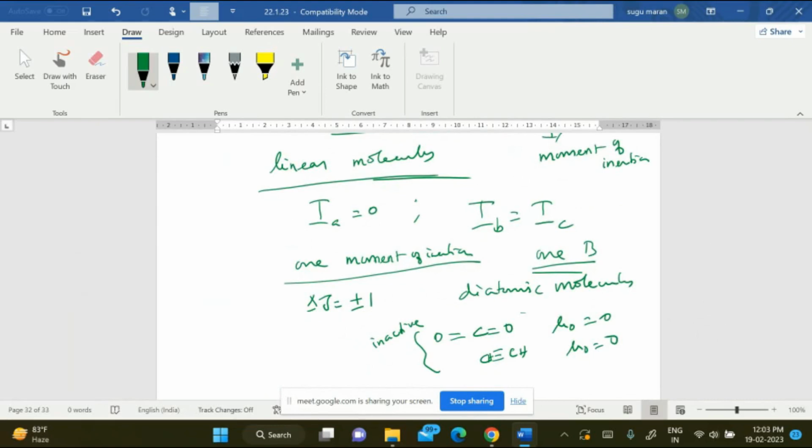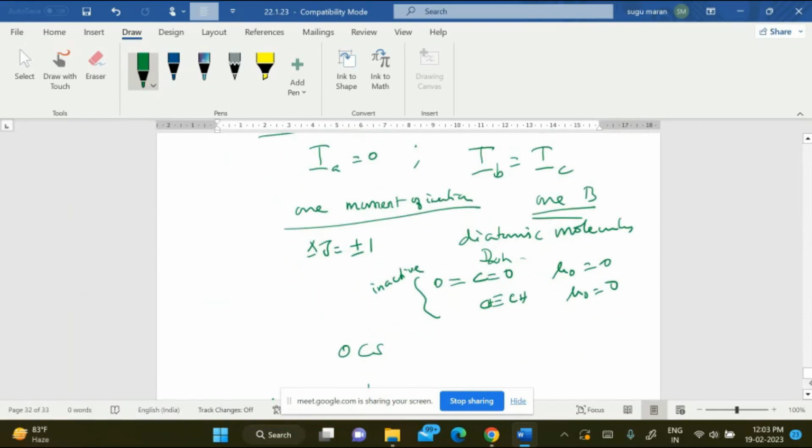The molecules which are inactive are generally the D infinity h point group, and the others, the C infinity v point group molecules, are linear molecules which are microwave active.